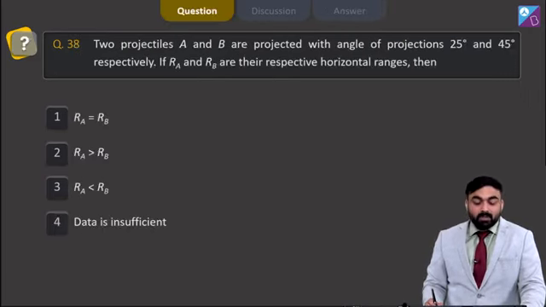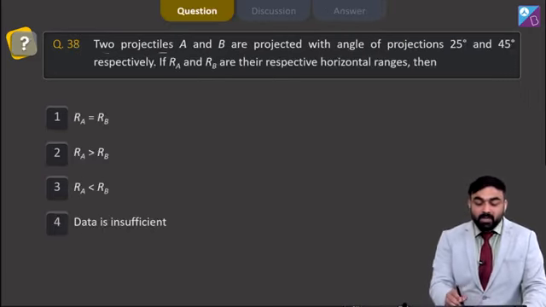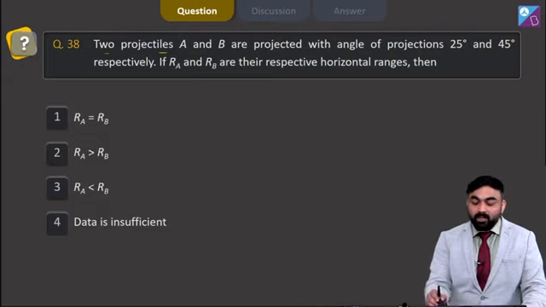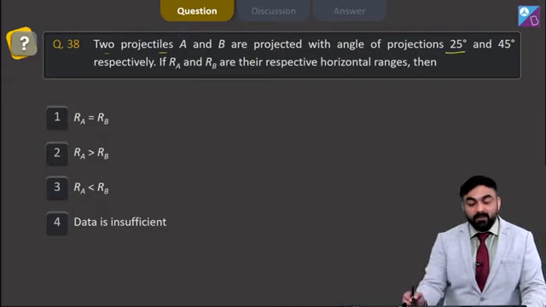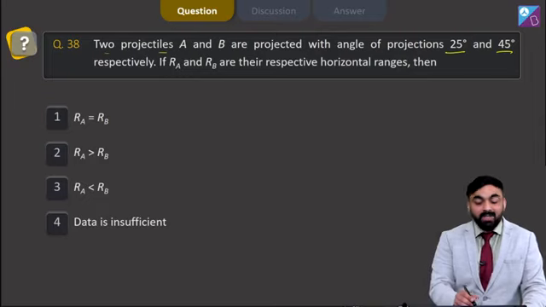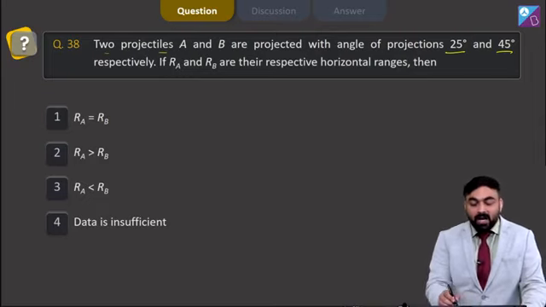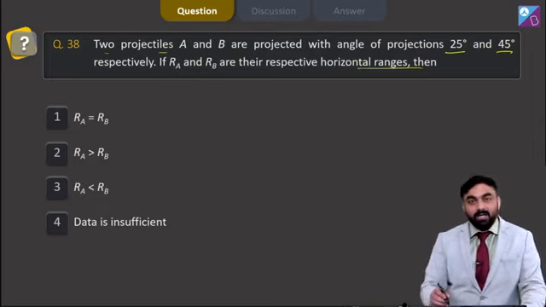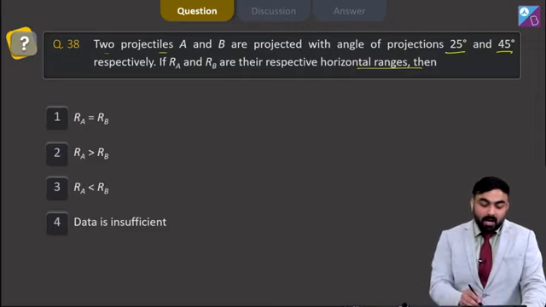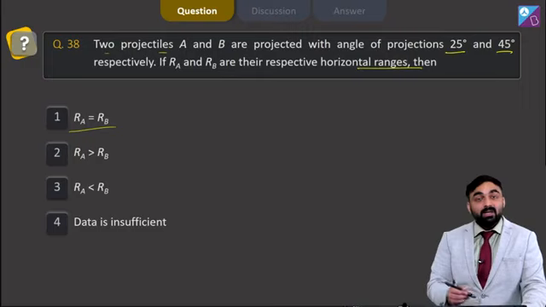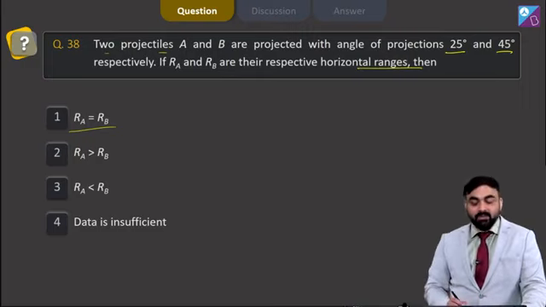Moving on to question number 38, which says two projectiles A and B are projected with angle of projection 25 degree and 45 degree respectively. If RA and RB are their respective horizontal ranges, then RA is equal to RB, or RA is greater than RB, or RA is less than RB, or data is insufficient.